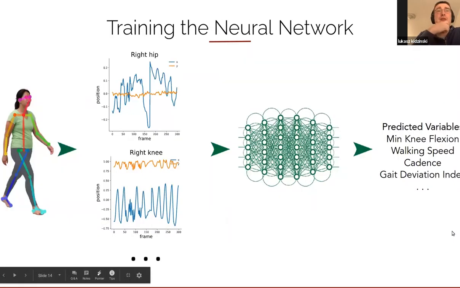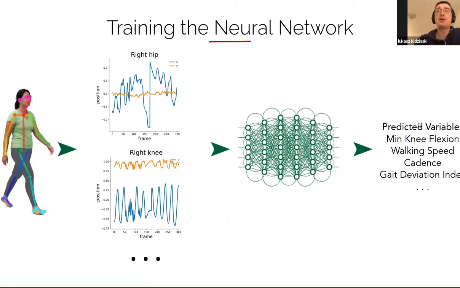So now how did we train those networks? First, the ground truth that I was referring to, for example, the angle in the knee at the maximum knee angle during walking of the subject.